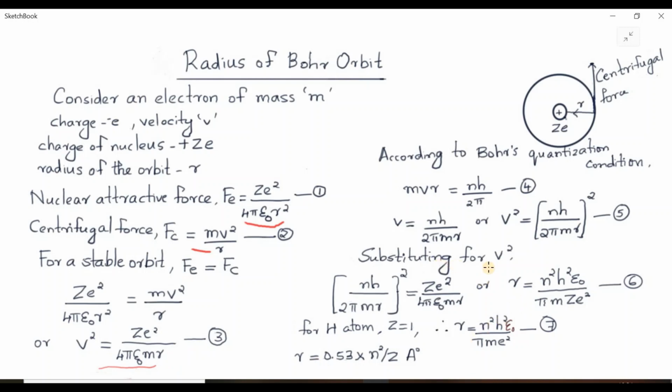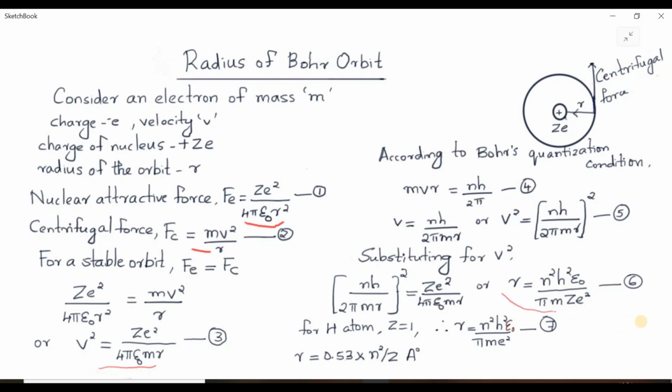So substituting for v square in equation 5, we get nh by 2 pi m r the whole square is equal to Ze square by 4 pi epsilon naught m r. Now from this, find out r, which is the radius of the Bohr orbit. That is, r is equal to n square h square epsilon naught by pi m Z e square.